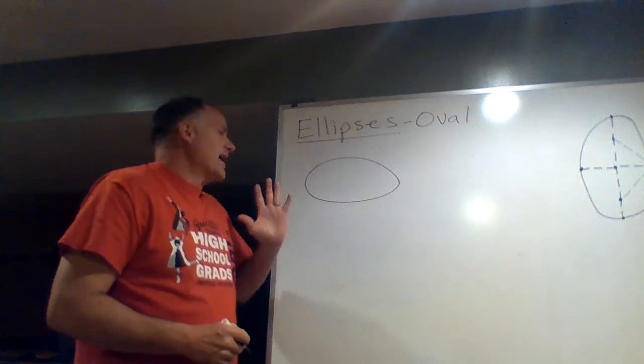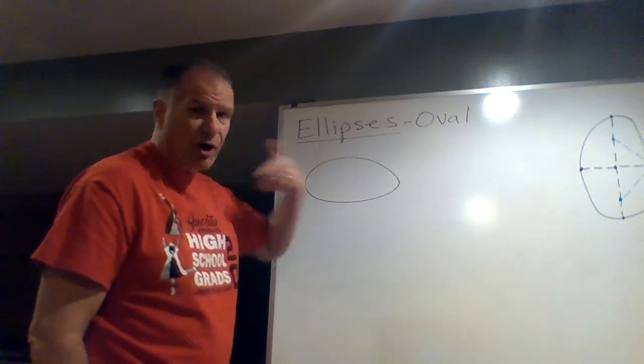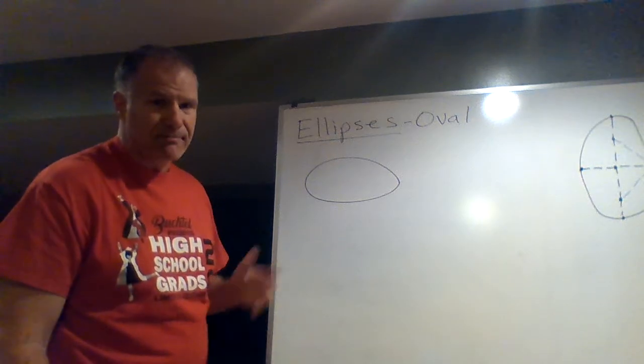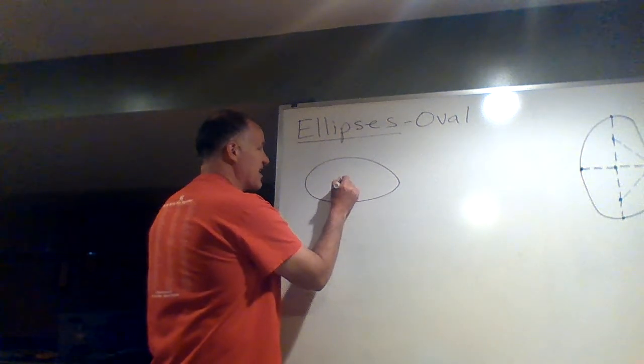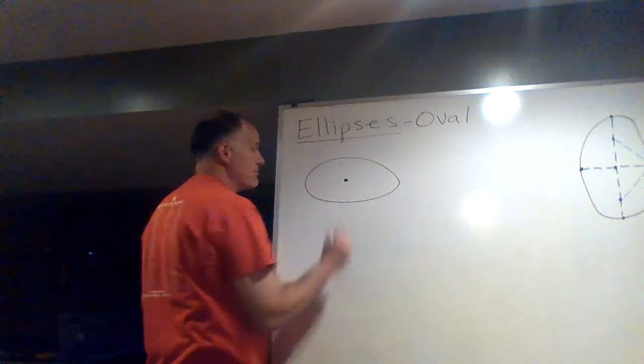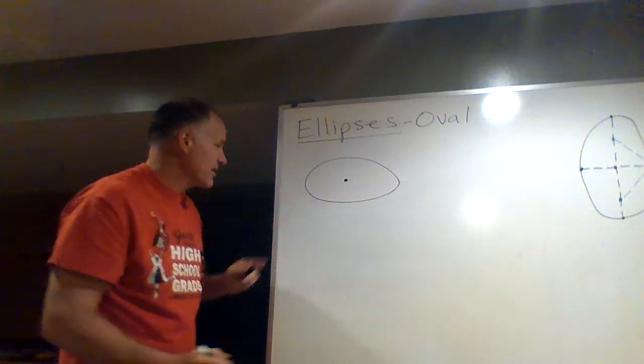Okay. Now, I just want to show you some facts about an ellipse, and then we're going to actually solve some things related to that mathematically. To start with, obviously there's a center in the middle of the ellipse, halfway between there, halfway between there.